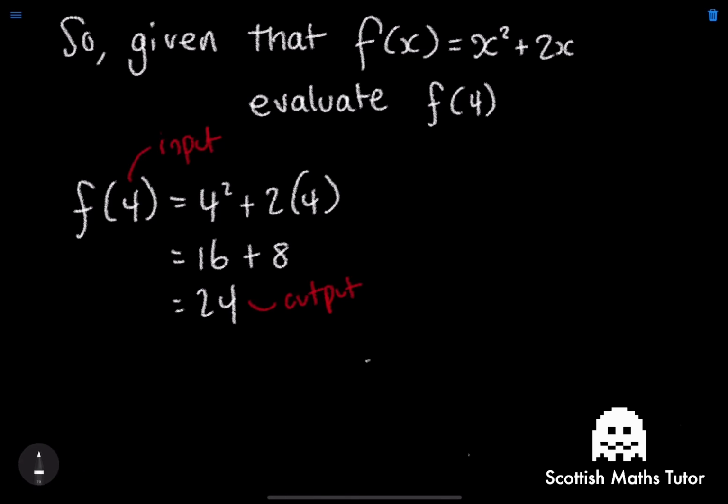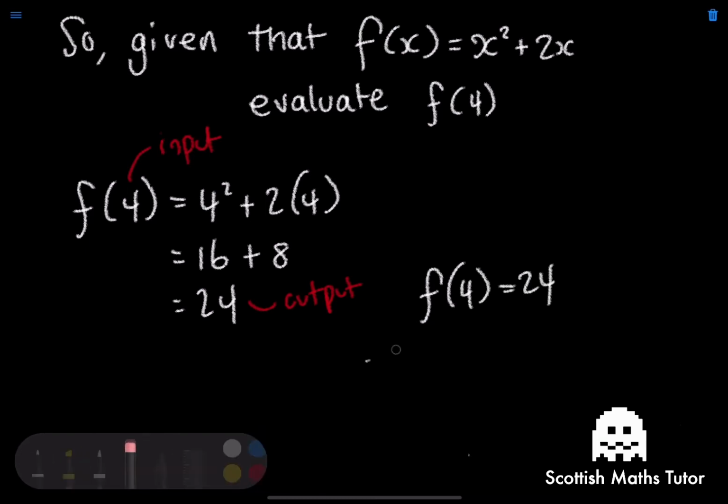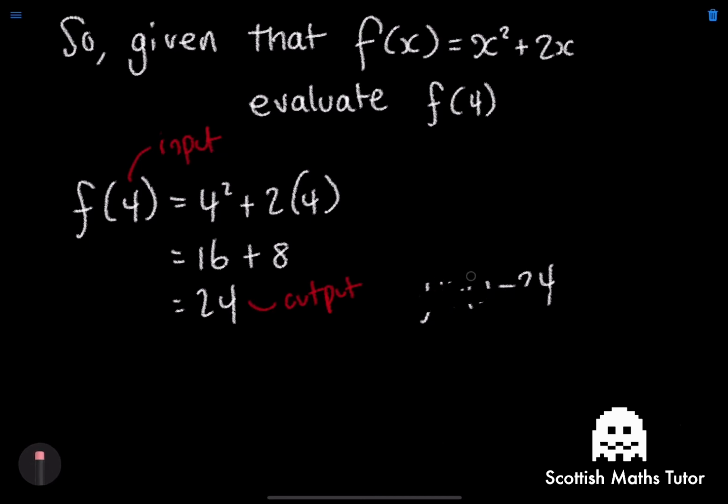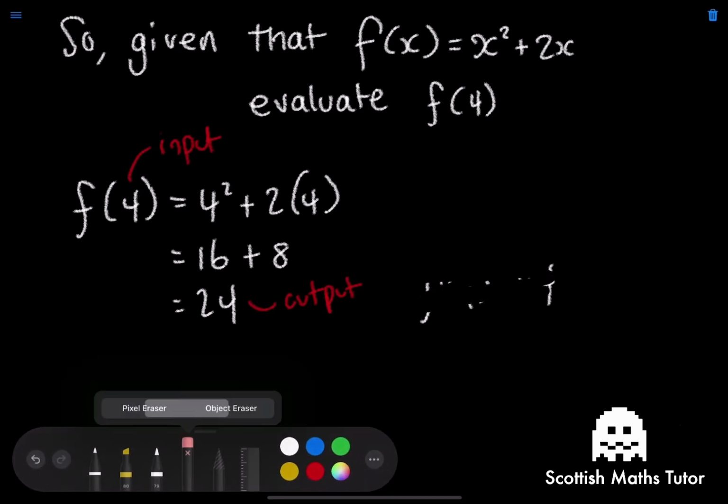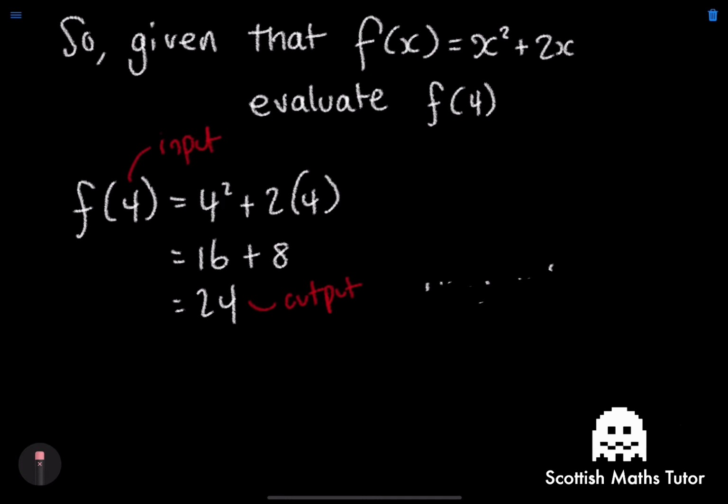Or another way to write that is f of 4 equals 24. We have replaced our variable with a given value, an input of 4. So we're going to wipe the board here.